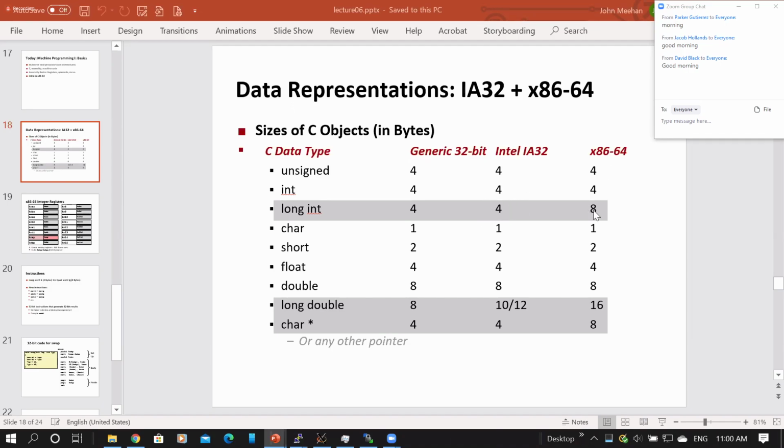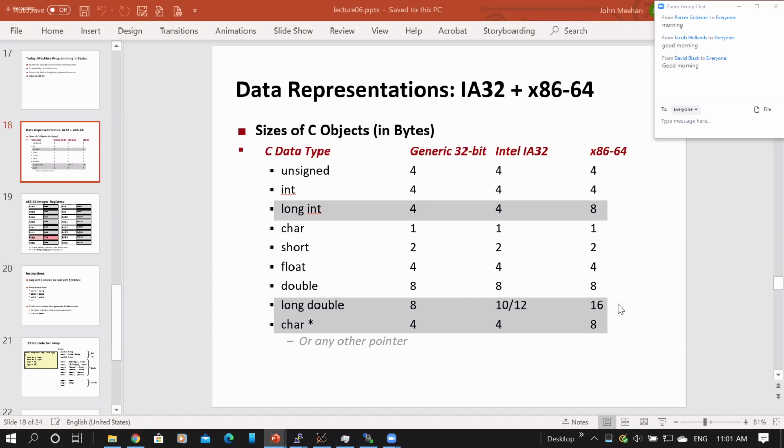But on the 64-bit machine, you do actually get an 8-byte quantity for the long ints. The long double on the Intel, you get this internal extended precision thing. And on the 64-bit machine, you get a 16-byte, I should say, quantity.